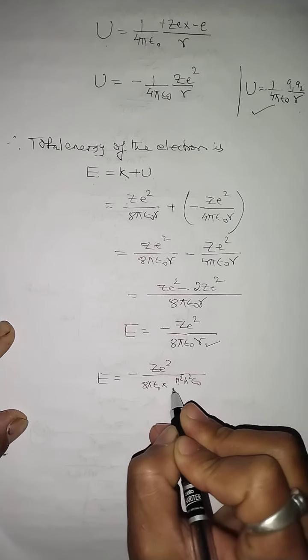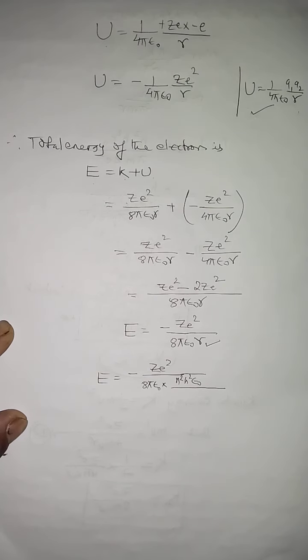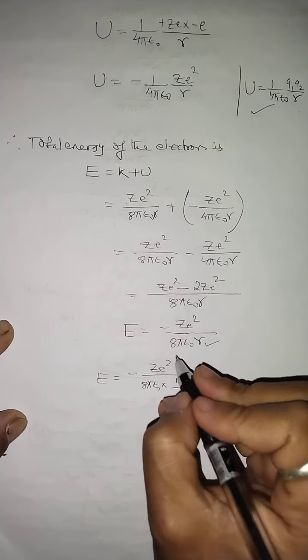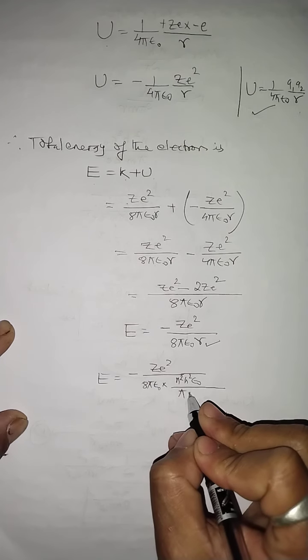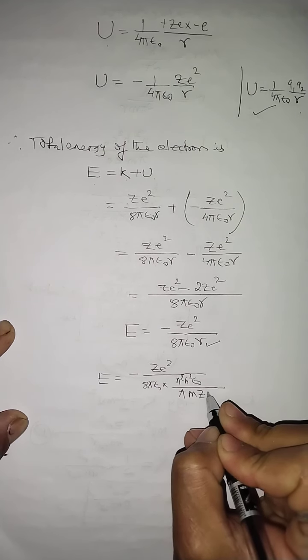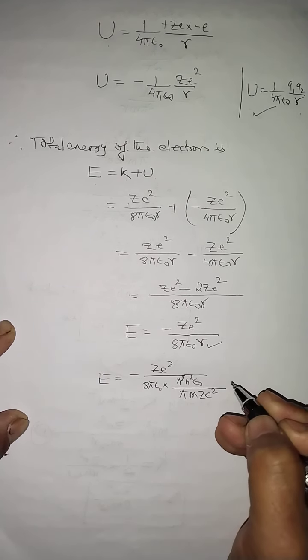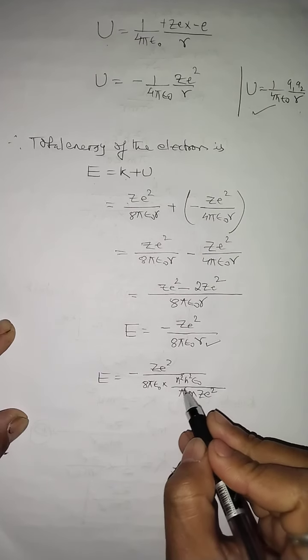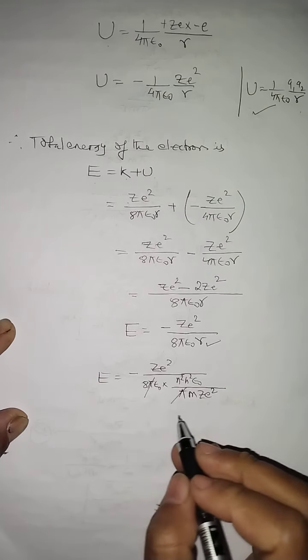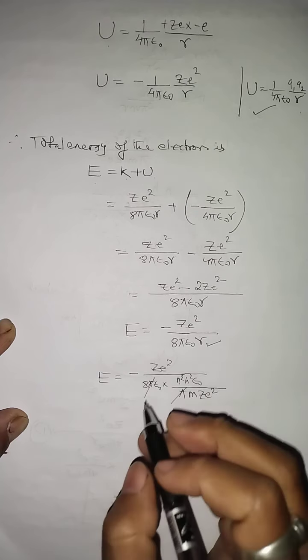You have done it already. Let me do the cancellation, because pi and pi cancel out. The quantity will not cancel out, so this will be reciprocal.